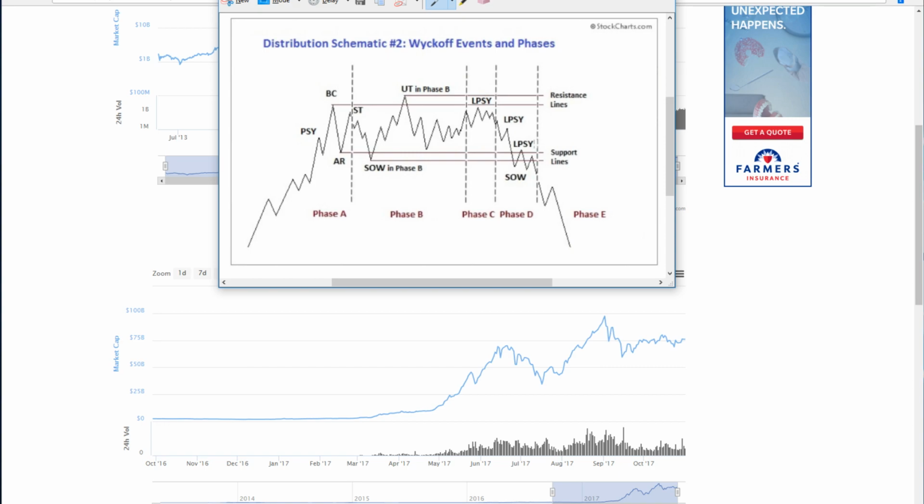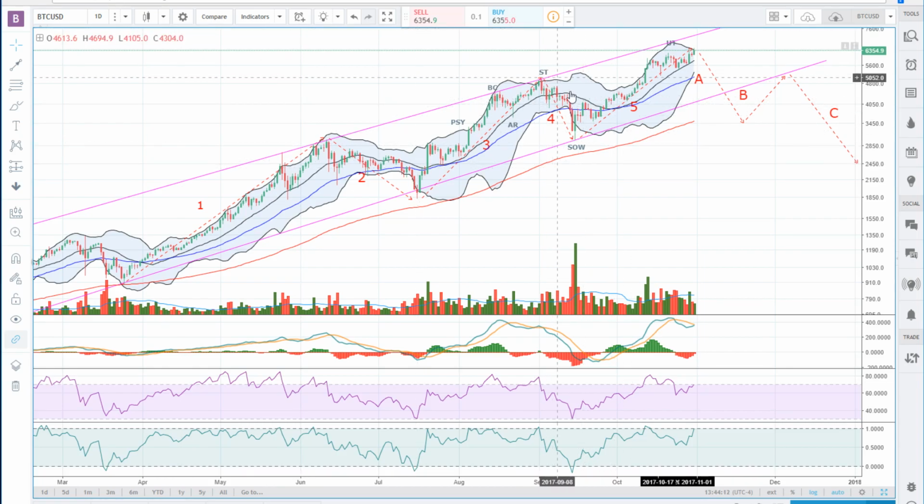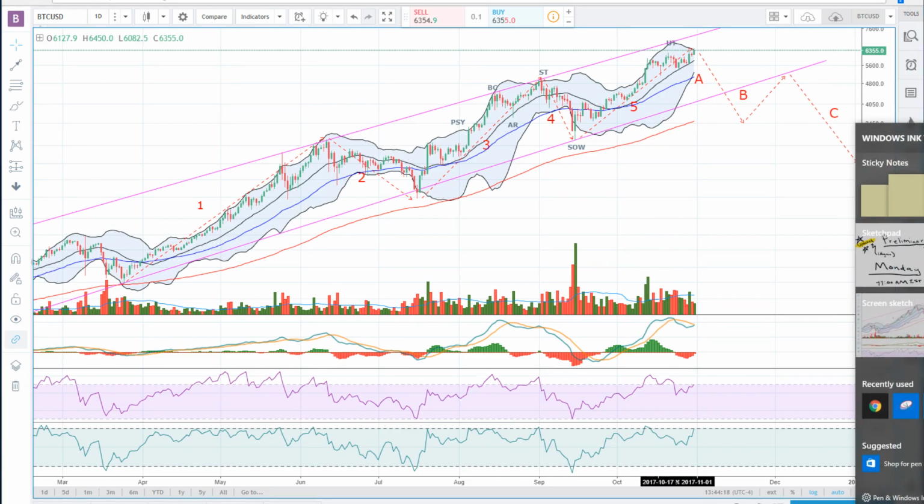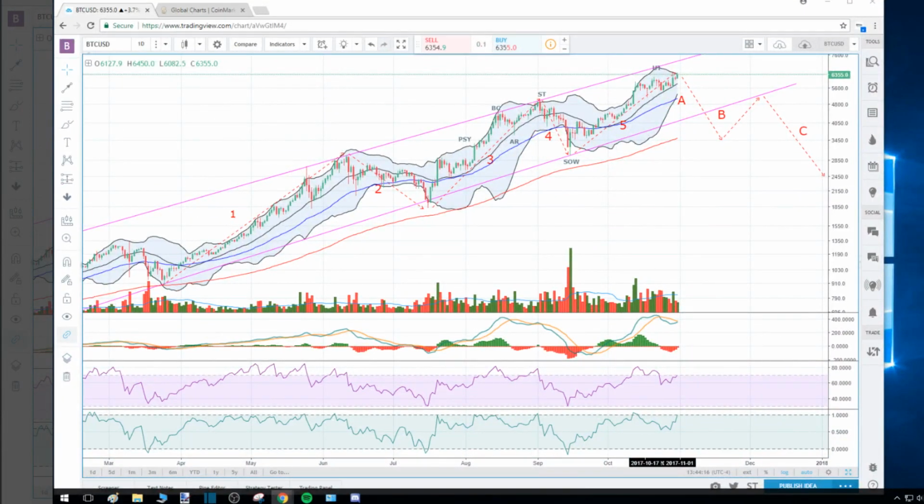I'm gonna talk about the current distribution phase for Bitcoin, or the potential current distribution phase, in a second, because there are actually two going on right now with Bitcoin. There's this macro one, which is on the 1-day candles, and then within this distribution phase, right here, within this upthrust is a smaller distribution phase. I'm going to talk about that in a second. Let me address these questions.